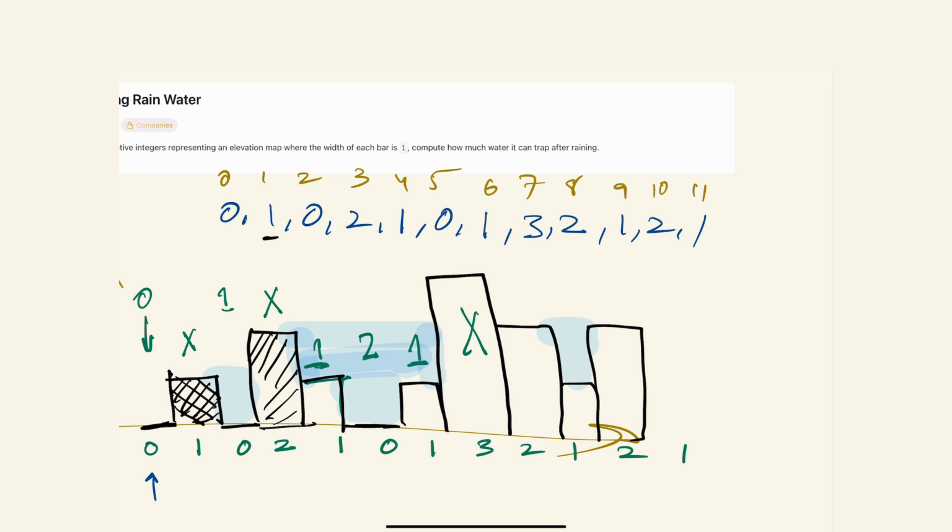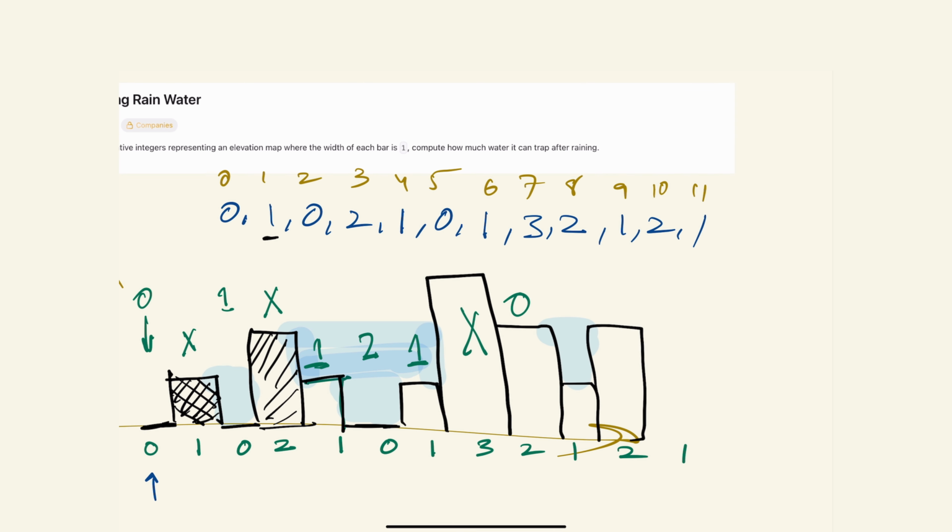So this will be holding 0 amount of water. Now jump on the next wall, which is 1. What is the max height? It is 3 on the left side and 2 on the right side. What is the minimum of these two values? Which is 2. Now this 2 I am going to subtract with 1. 2 minus 1, it is 1.